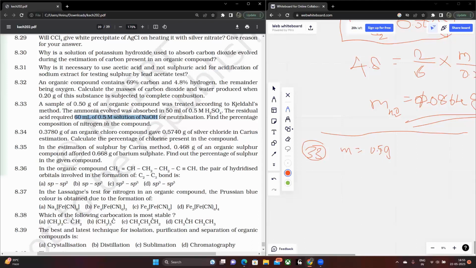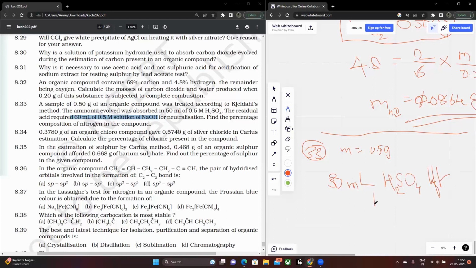Because one molecule of NaOH neutralizes one molecule of HCl, that is half a molecule of H2SO4, if half a molecule is theoretically possible, right? So basically, 60 ml of 0.5 molar solution of NaOH translates to 30 ml H2SO4 being left out, right?